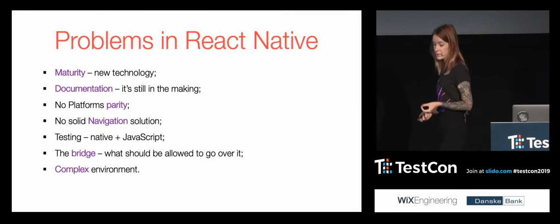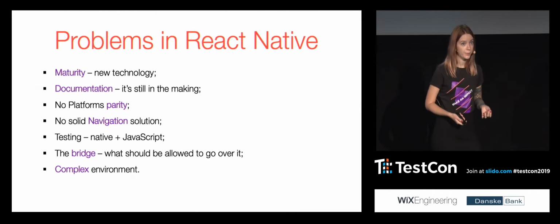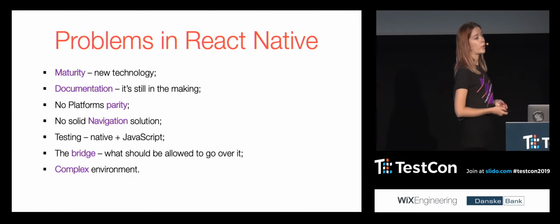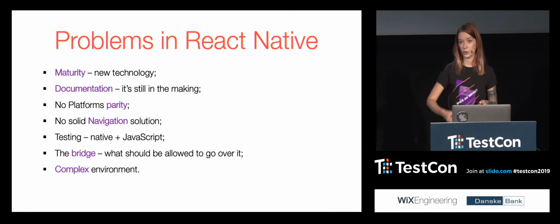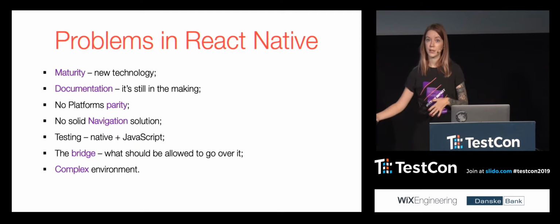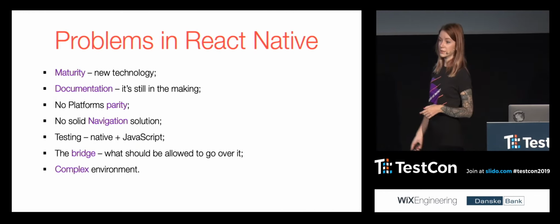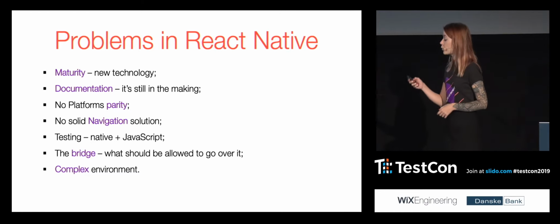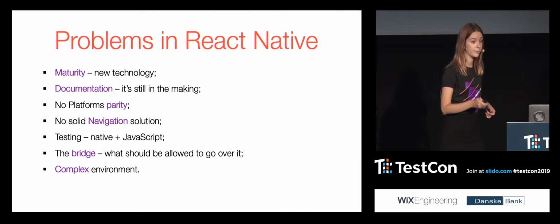Also, when testing, you need to take into account both native and JavaScript side. For developers, it's really important what actions are being done over the bridge, what is being sent over it, because every action is costly both resource-wise and time-wise. And all of this above creates a quite complex environment that makes a React Native app.